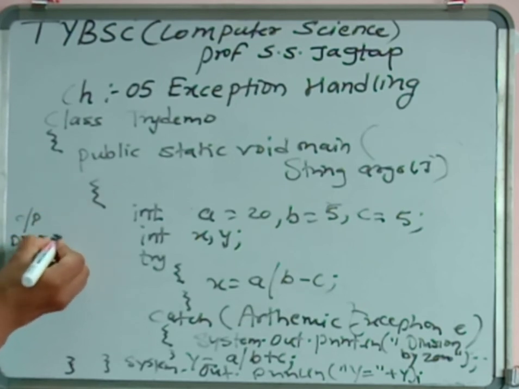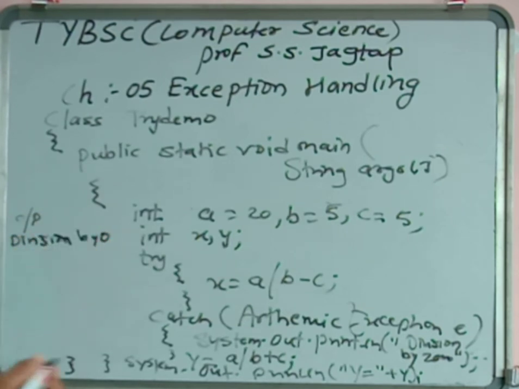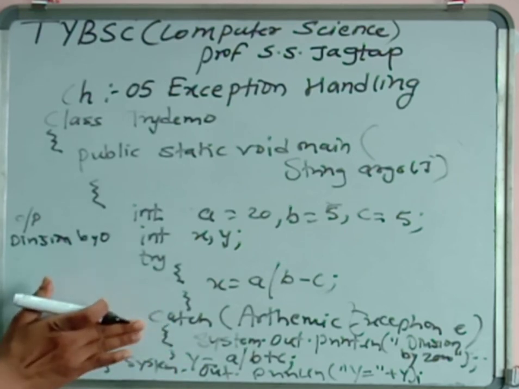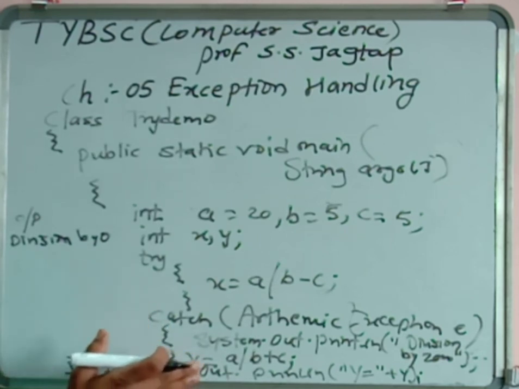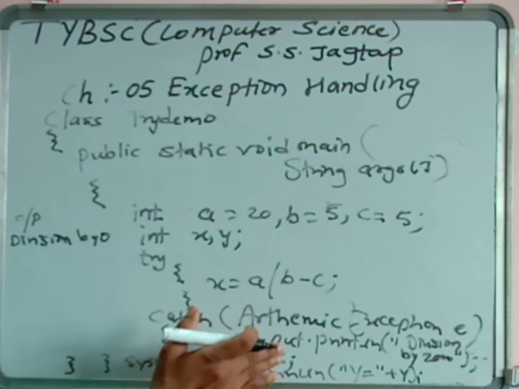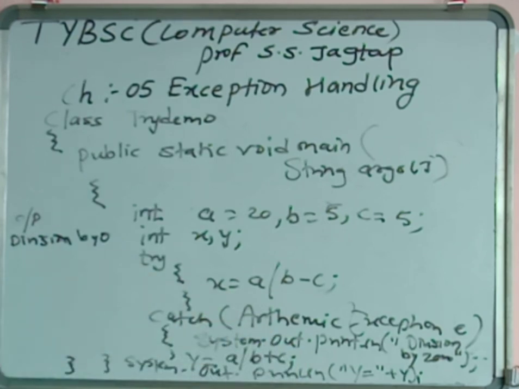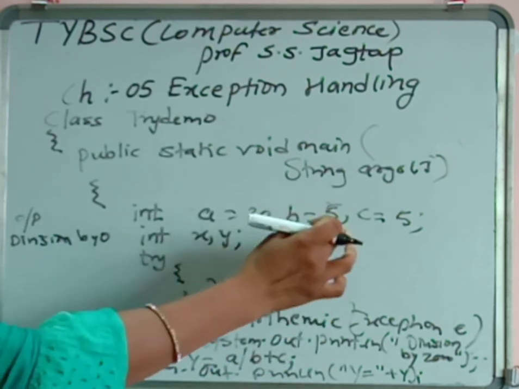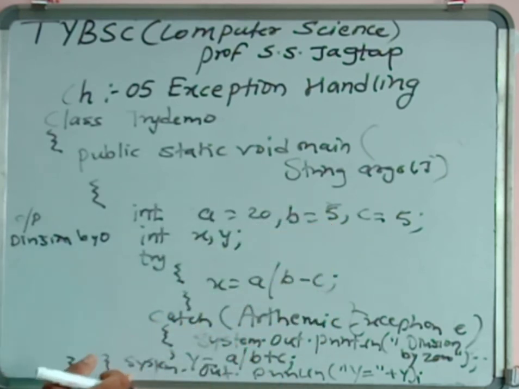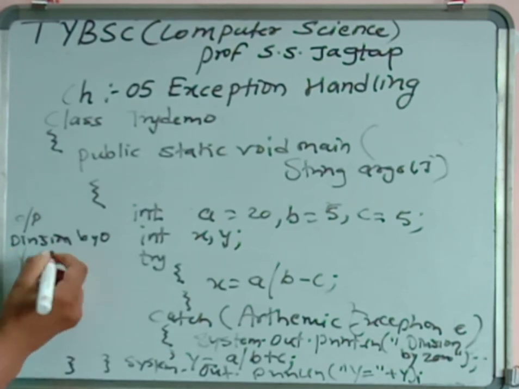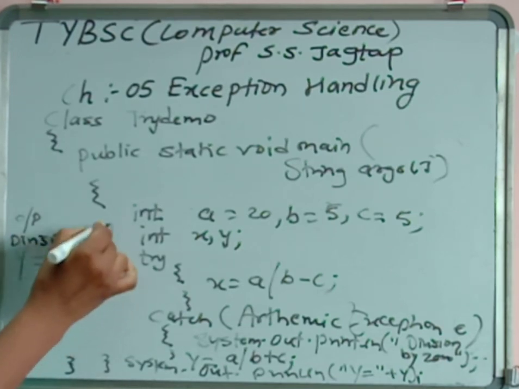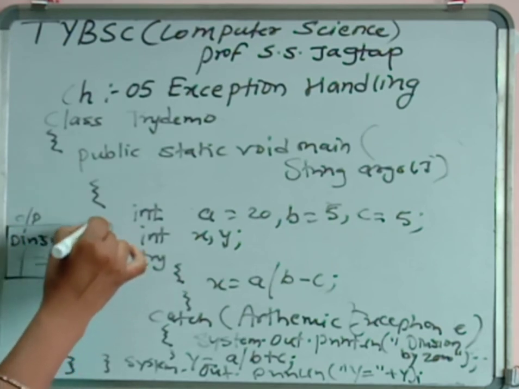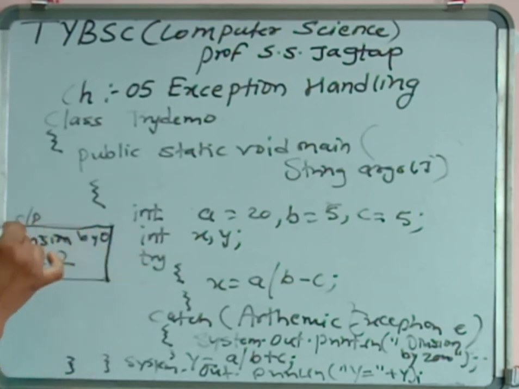Afterwards, after the catch statement, there is the statement Y is equal to A divided by B plus C. Then we get the output: A is 20, B plus C is 10, so 20 divided by 10, and we get the output Y is equal to 2. This will be the output when we execute this code.